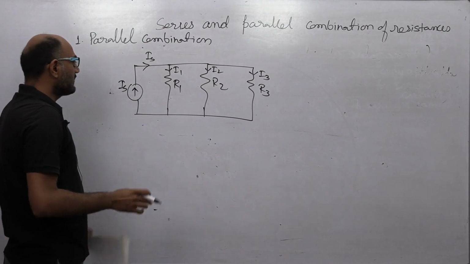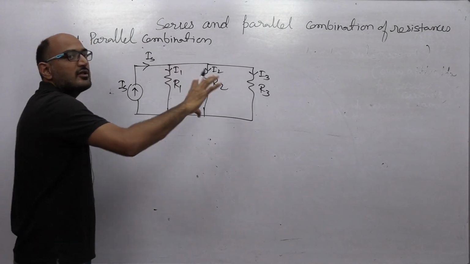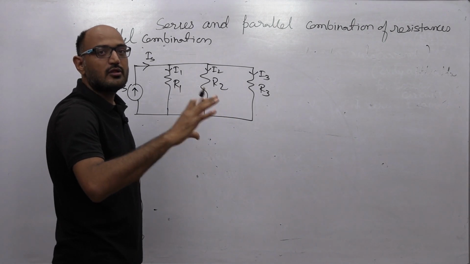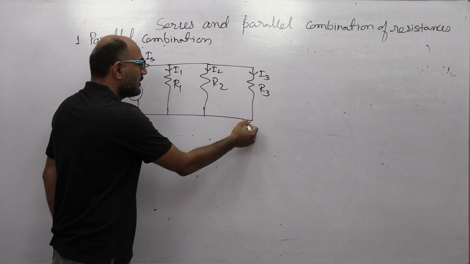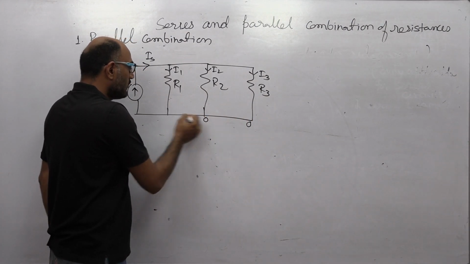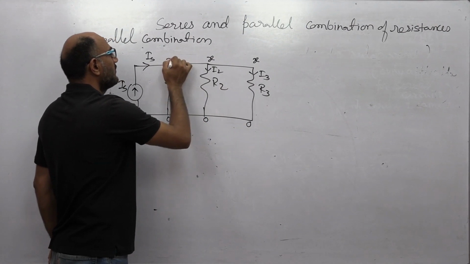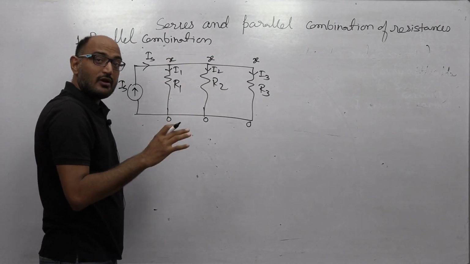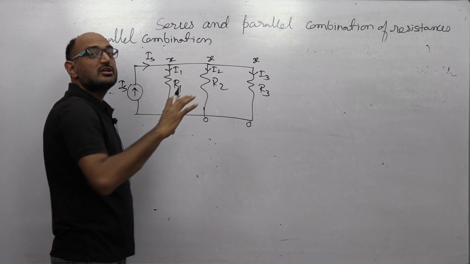तो आप यहाँ पर क्या देख सकते हैं? What you can see here is the all three resistances are on the same potential difference, because what I can assume here is 0, then here 0, here 0. Suppose I assume here x, then here x, here x. So all R1, R2, R3 resistances are in between x potential difference.